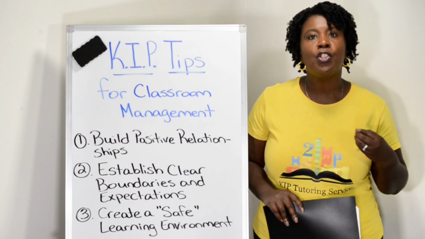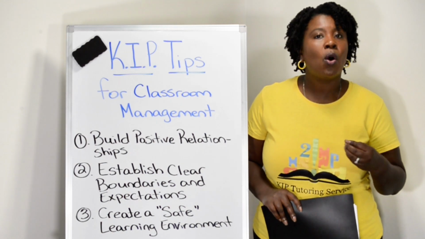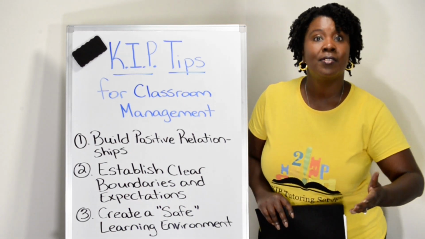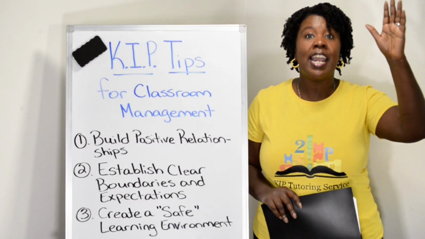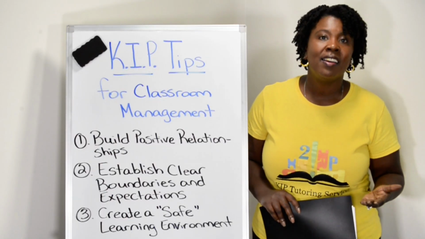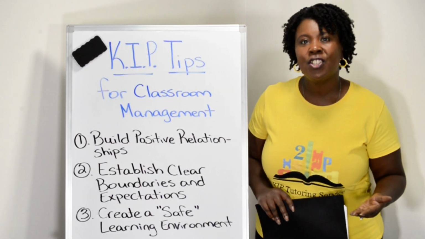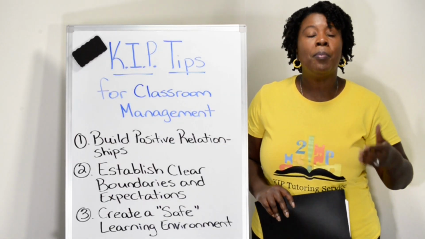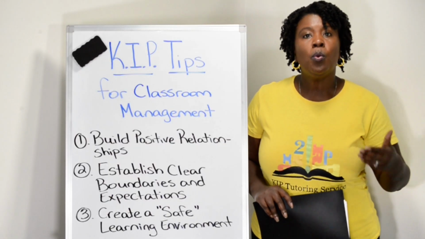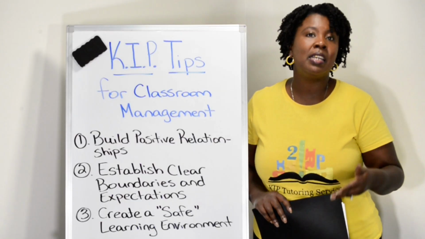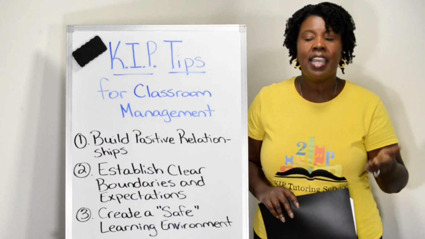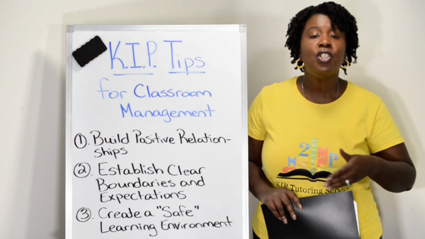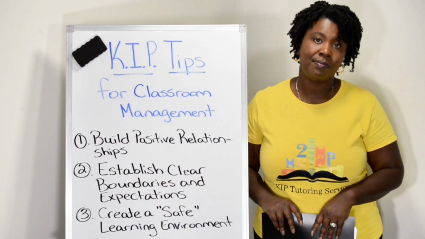When students know that it's okay to take a risk, to try something different, to raise their hand and to volunteer, to be engaged, then that will help build their confidence, which will help them in turn academically, and we will begin to see progress and growth in their test scores and also just in their performance overall.